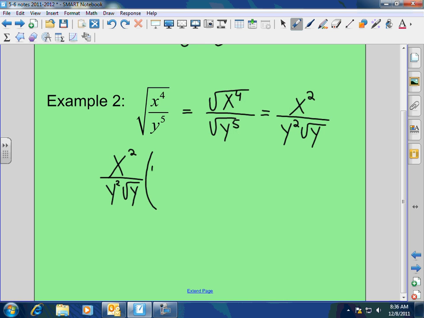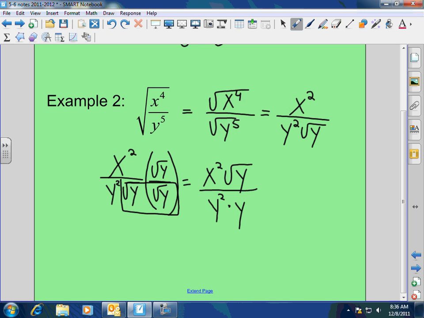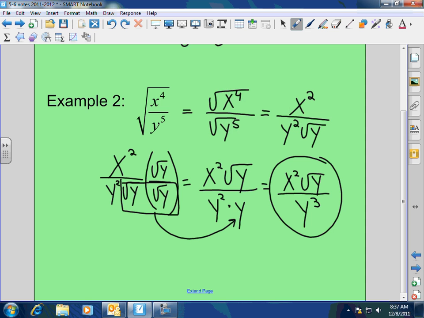So I'm going to multiply by radical y to both the numerator and denominator, giving me x squared times radical y over y squared times y, because y squared times square root of y times square root of y equals y. And in the end, I'm going to have x squared square root of y divided by y cubed. And there you go. Your answer is done.